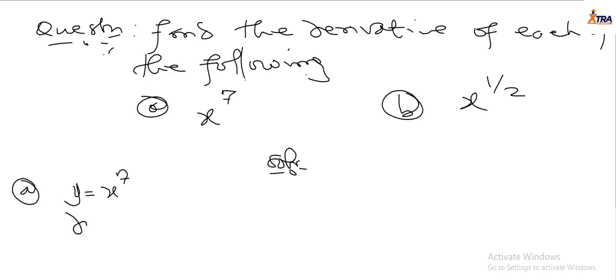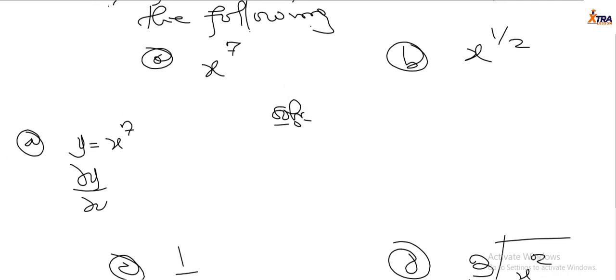So dy over dx equals 7. The 7 will come down. We have 7 x to the power 7 minus 1. So we have dy over dx now as 7 x to the power 6, which is very simple.